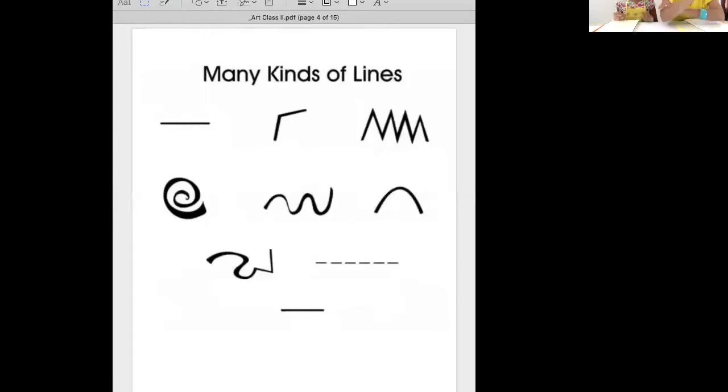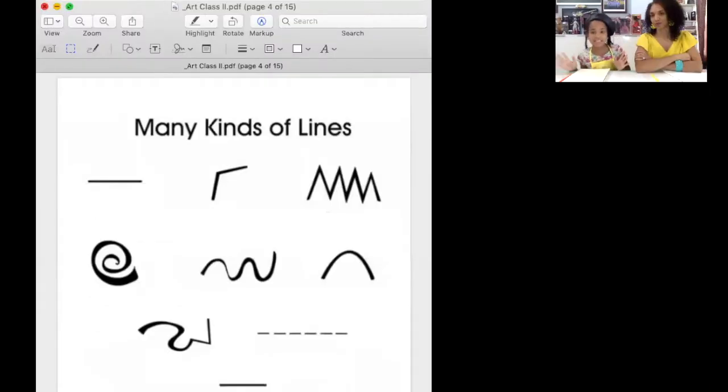So we're going to share the screen. Can anyone tell me what kinds of lines these are? Remember, lines can be more than one thing. This one can be short, straight, and also horizontal, and thin.